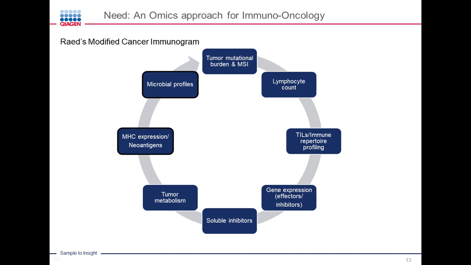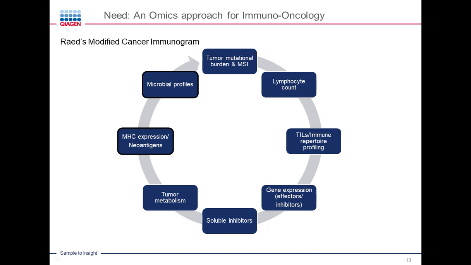And if you try to look at this omics approach for immuno-oncology, there are several elements that can be tied into what is called an immunogram, which is basically all the different elements that can be looked at in order to understand responses to immunotherapies. One of them is tumor mutational burden, or TMB, and MSI status.